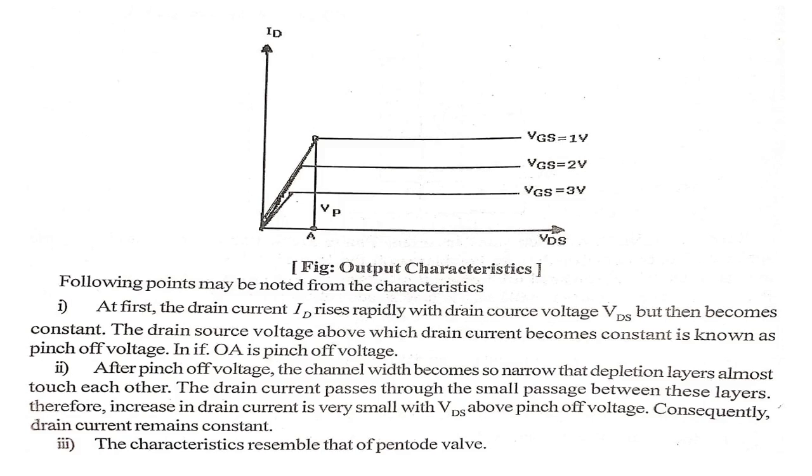Consequently, drain current ID remains constant, and the characteristic resembles that of a pentode valve.